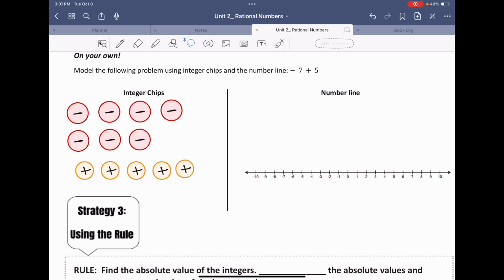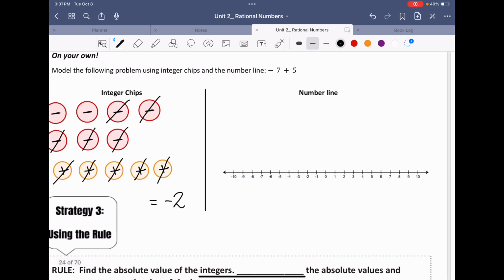All right, I'm going to cross them off until I have no more of one color. So yellow, red, yellow, red, yellow, red, yellow, red, yellow, red. So my answer should be 2, but it's a red chip, a negative chip, so it should be negative 2.